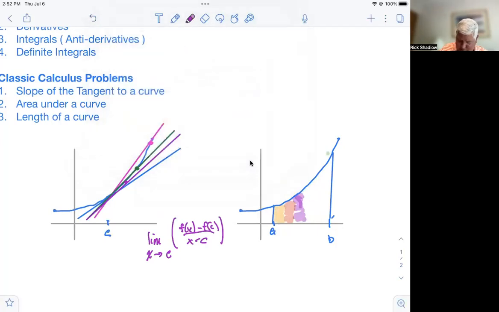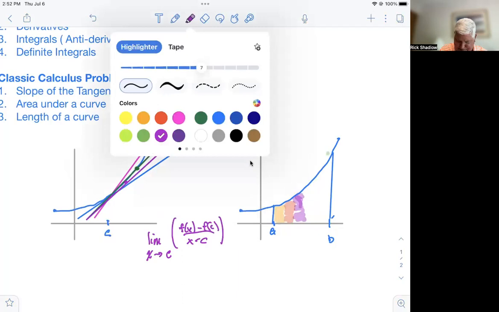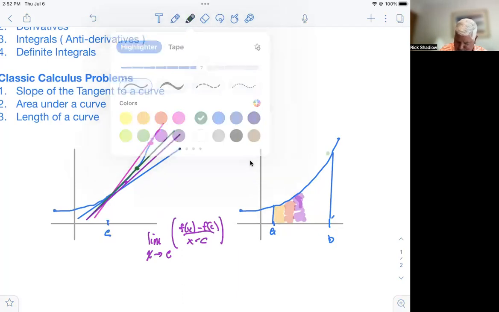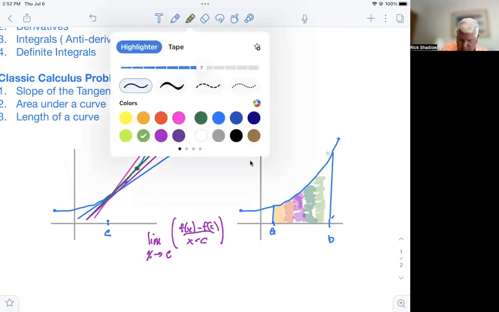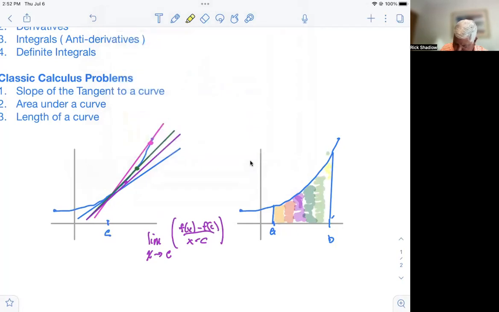Oops, the same color. And you get the idea, I think, here.